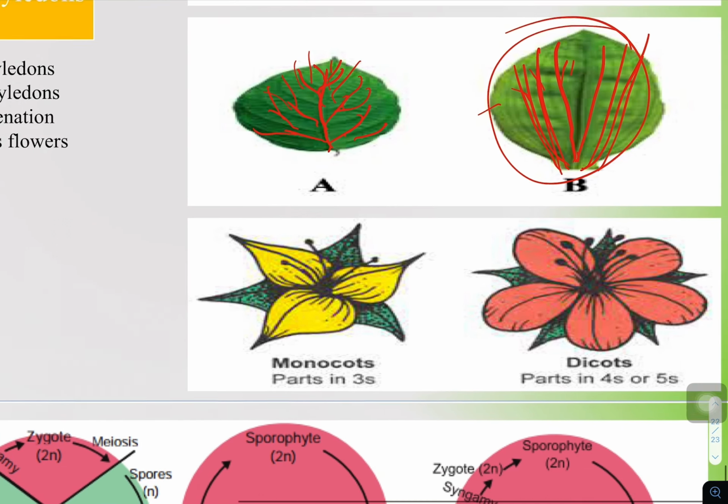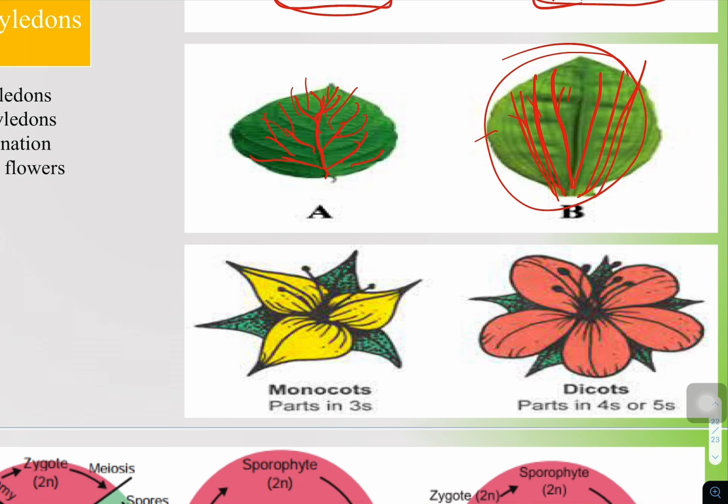Next one is the flowers. If you observe, all the monocot flowers have three petals, three sepals, three androecium and three gynoecium. They are called trimerous flowers. Everything is in multiples of three. Hence they are called trimerous flowers.